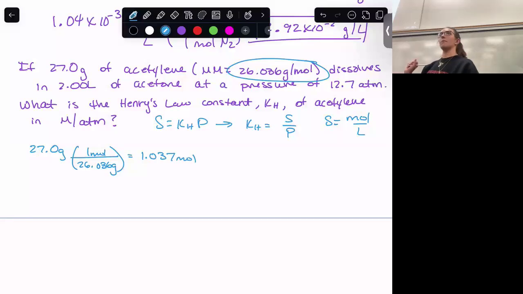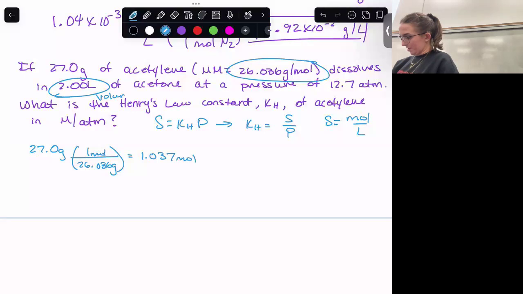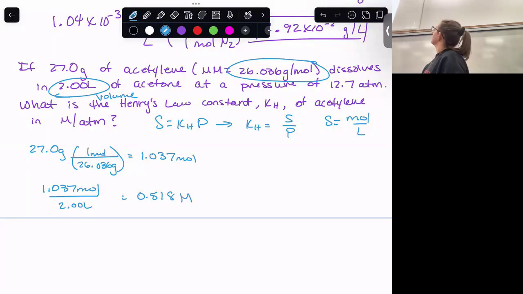Are we in moles per liter yet? Nope. Can we get to moles per liter? How? Perfect, here's our volume. So we can take 1.037 moles divided by 2 liters. So we get 0.518 molar.